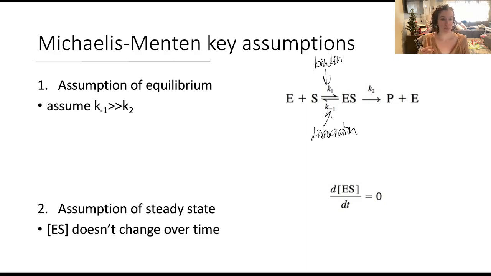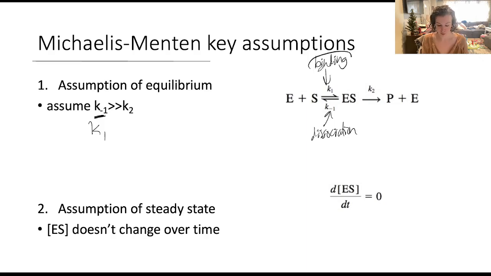These rates we assume are very, very large. K1 is very large. K minus 1 is very large. When they're very large, it means these steps are fast.